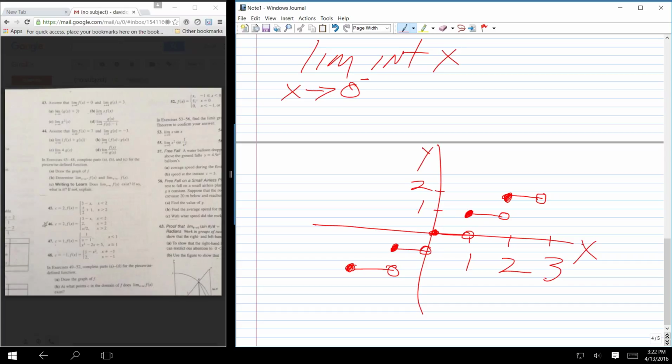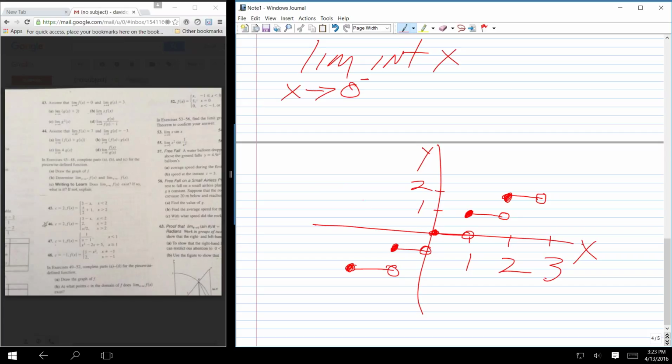Would that still be 0? Negative 1. Even though there's an open dot and a closed one? Doesn't matter. It's what it's pointing to. And that's why I use that term. In other words, it doesn't really have anything to do with what it's equal to at 0. It's what it's pointing to.